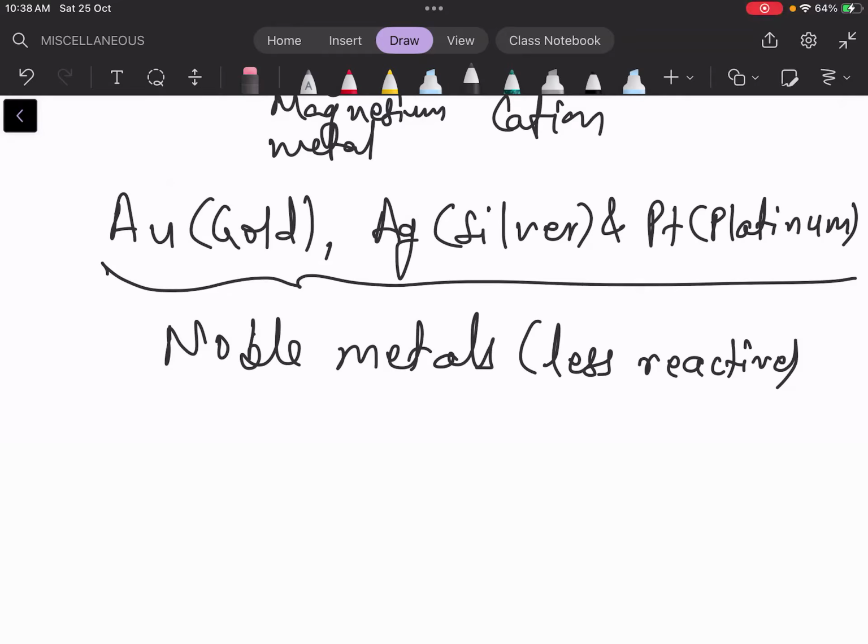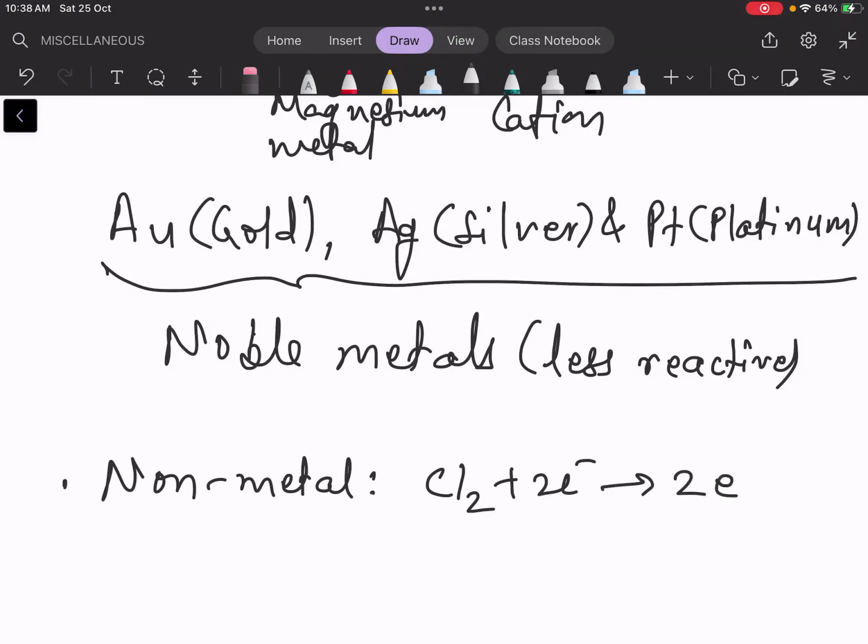Then, what is next? Non-metal. Now, what is a non-metal? Non-metals are the elements which have a tendency to gain one or more electrons and get converted to a negatively charged anion. For example, chlorine has a tendency to accept an electron and gets converted to a negatively charged anion.